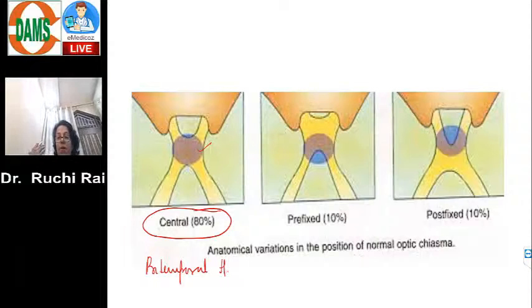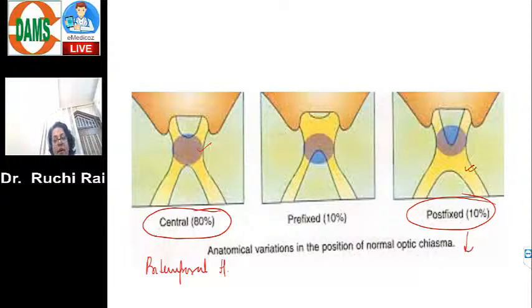Now let me take first the postfixed chiasma. What is prefixed and postfixed? Can you see that? It is very clear. Where the chiasma is coming before the pituitary, it is pre. After the pituitary, or posterior, this is post. Postfixed is another 10% of people, and any adenoma in this case will mainly cause the anterior part of the chiasma to be affected.